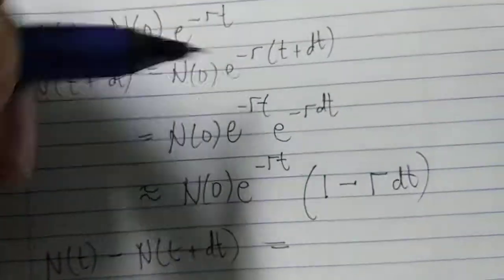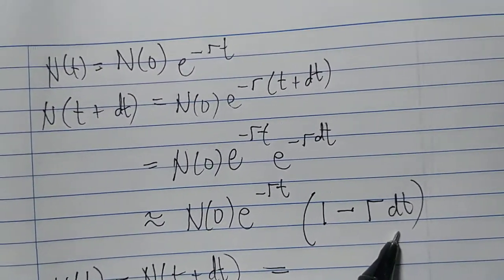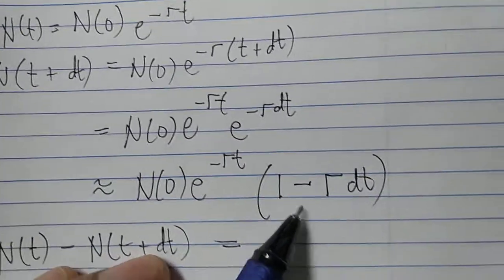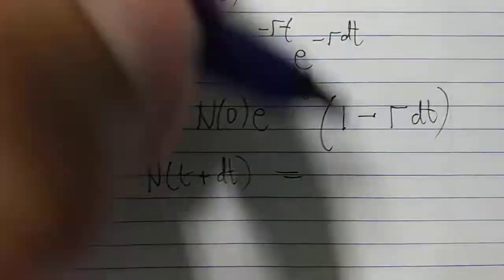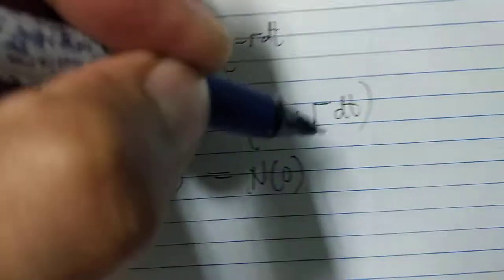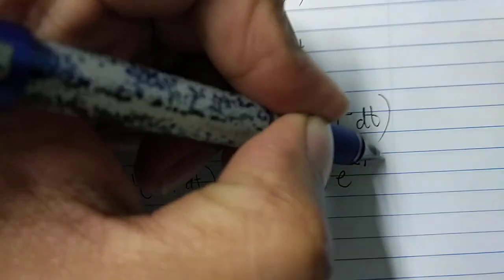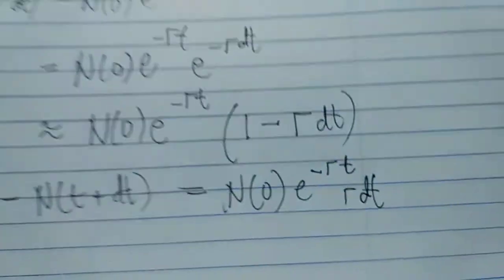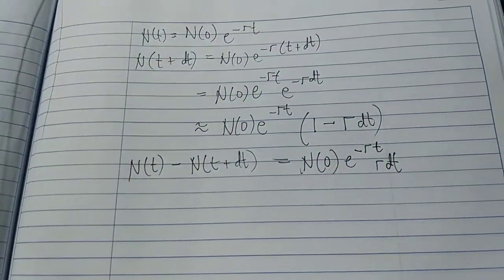What will remain is the second term, and you're subtracting this with this, so this will become plus, and you get something like n 0 e to the minus gamma t dt. Alright, I think I'm missing a gamma factor over here. Okay, that looks good so far.